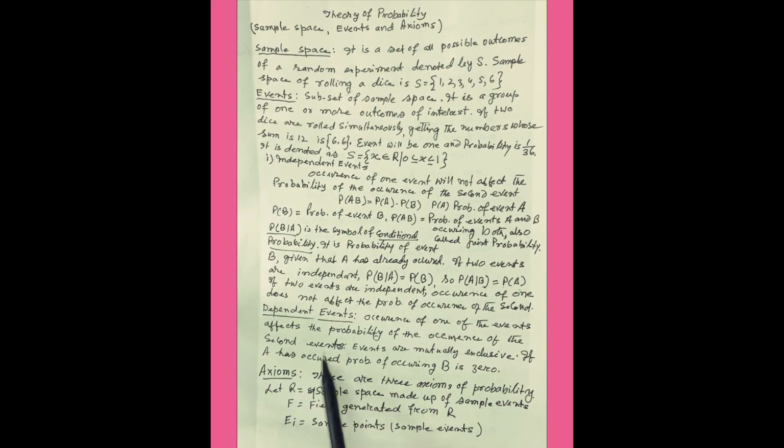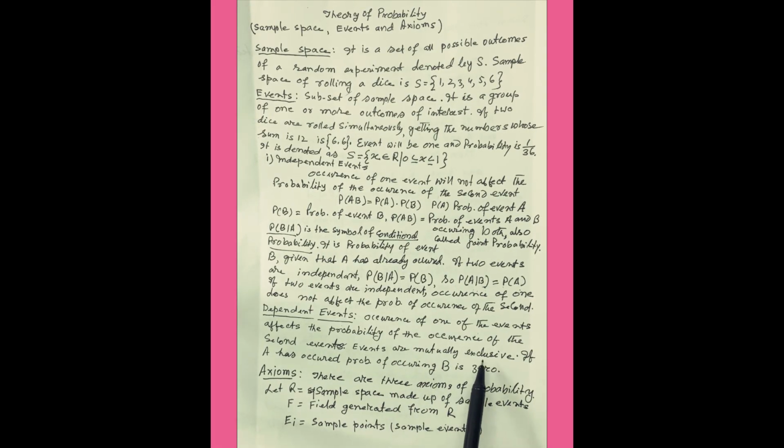Then dependent events. Occurrence of one event affects the probability of the occurrence of the second event. So it is just the reverse of this: if one event has already occurred, then this will affect the occurrence of the second event.